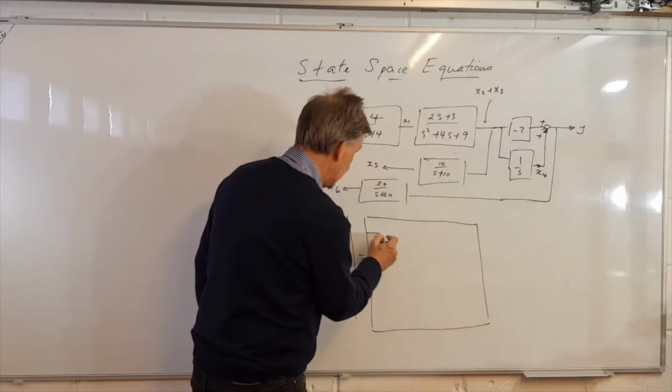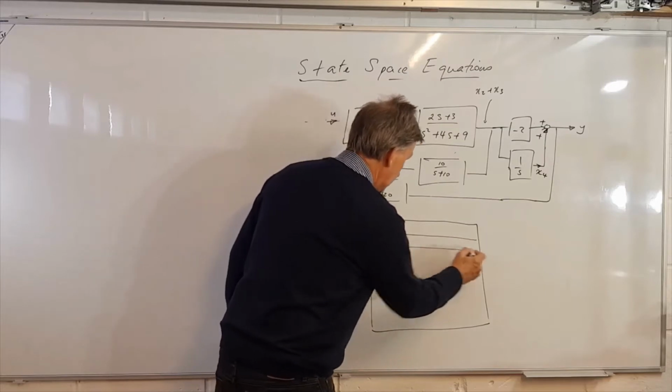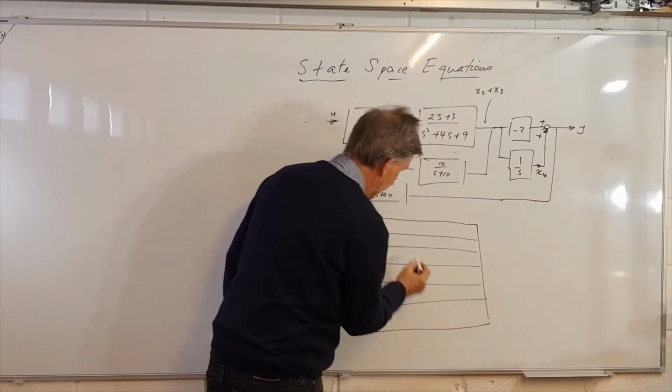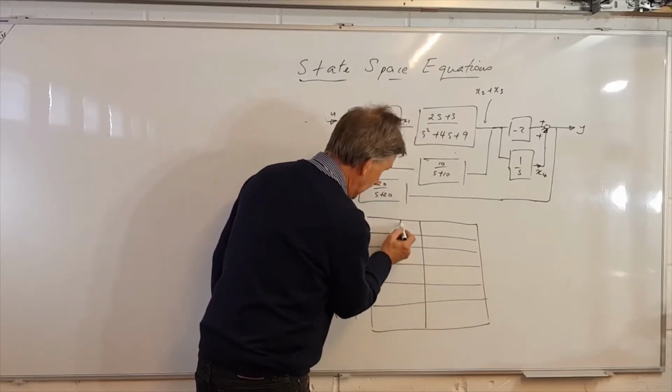It's going to be a 6, that's 1, 2, 3, 4, 5, 6. Let's break it down into blocks.